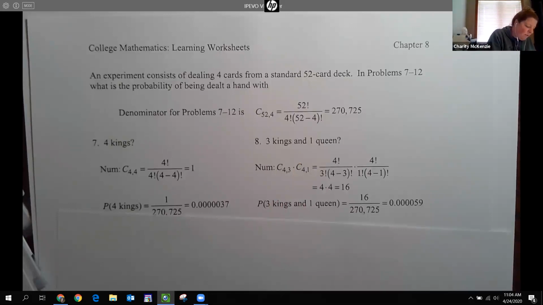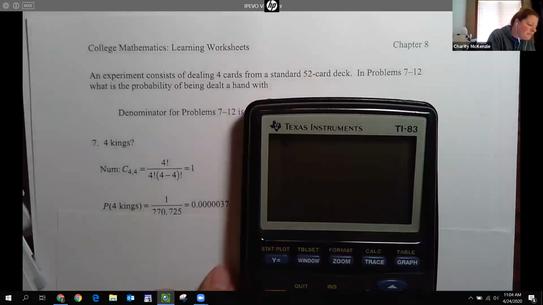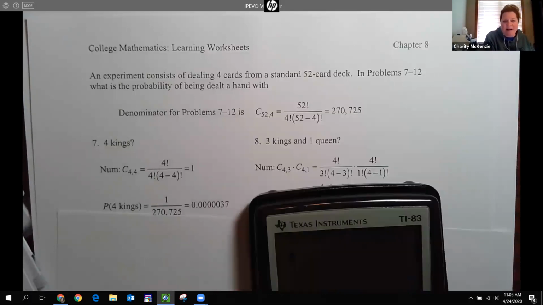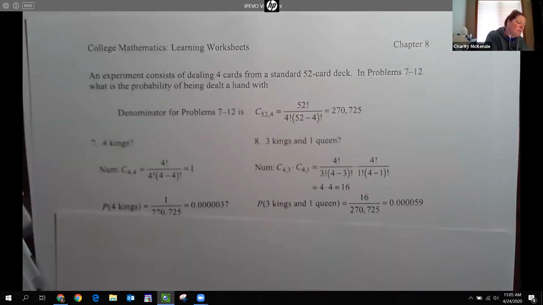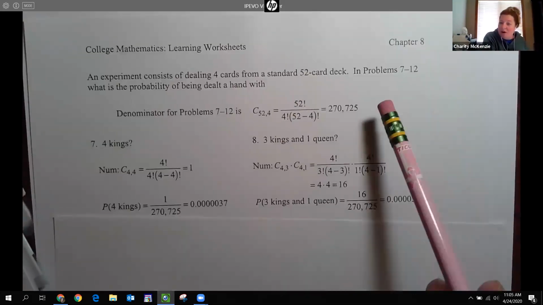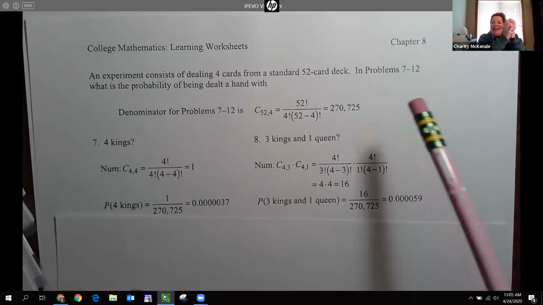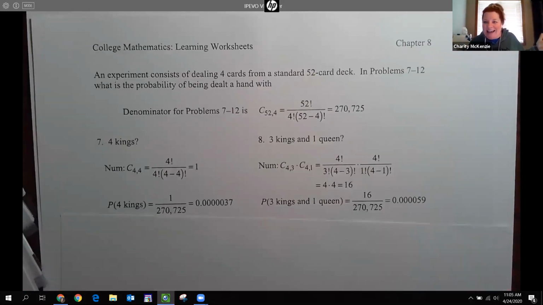So I'm going to go 52, and then go to math and go over to probability down to C, and I want to pick 4, and that's where they get this number here. You don't have to use the formula, or you can, totally up to you. But this will be our denominator on most of our problems, because that's how many ways I can get 4 cards.